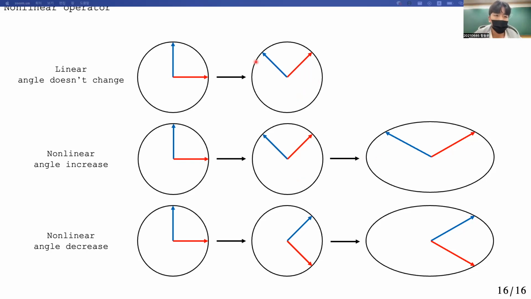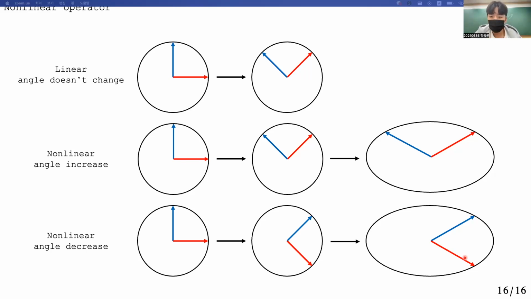So in this linear case, the angle between two states doesn't change while the states are rotated, but in the lower two cases, because the sphere is stretching, the angle between two states changes. In this case, the angle increases, and in this case, the angle decreases.